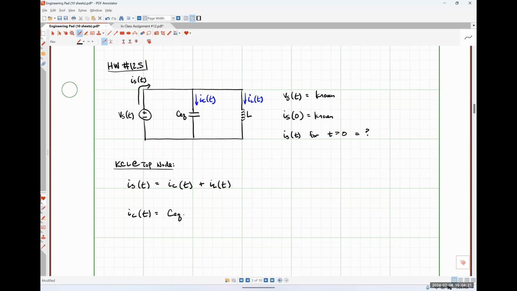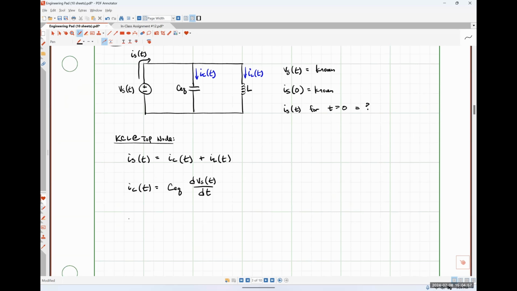So what's the voltage drop across our equivalent capacitance? It's just the same as the source voltage, correct? Exactly right. So we're just going to have CEQ times the derivative of our source voltage with respect to time. So there's our capacitor current. That's the easy part of the problem.